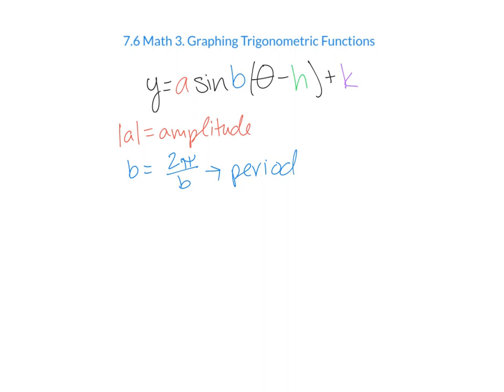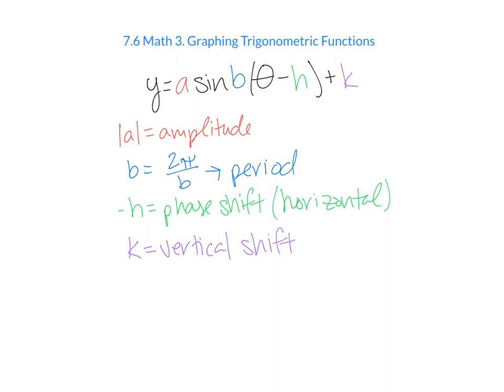When you are at h, and I'm actually going to say negative h, that's what's called a phase shift. And basically, hopefully you remember this when we did transforming functions, that is essentially the horizontal shift. And k, I hope after h you recognize k. K is just the vertical shift.